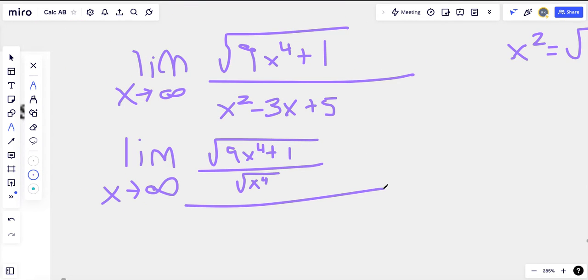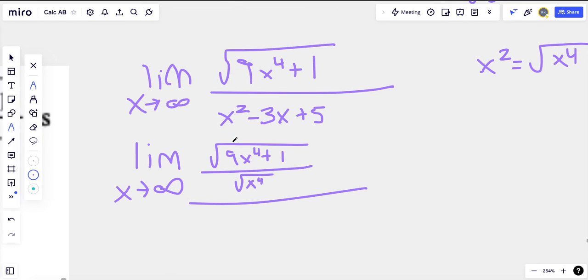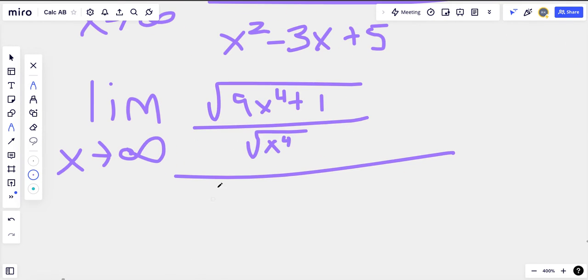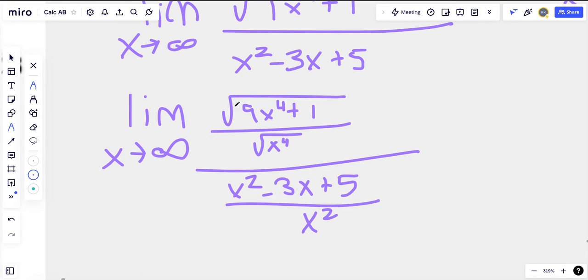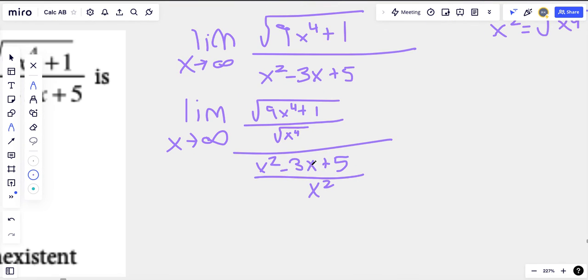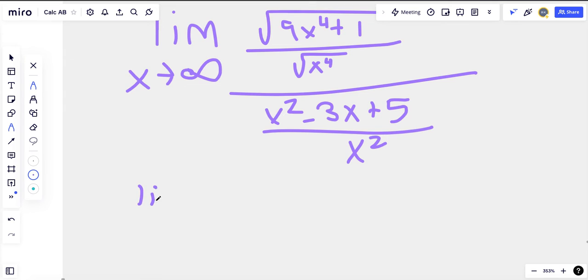And now the entire denominator is being divided by x squared. The point of writing out the square root of x to the 4th is so that this x to the 4th can slide inside the square root and cancel out some terms. So if we slide the x to the 4th into the radical, it would look like this.